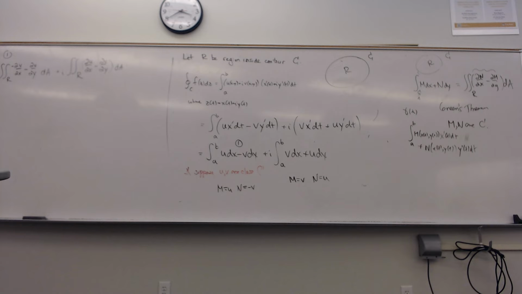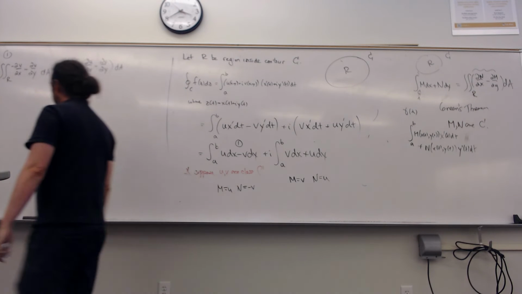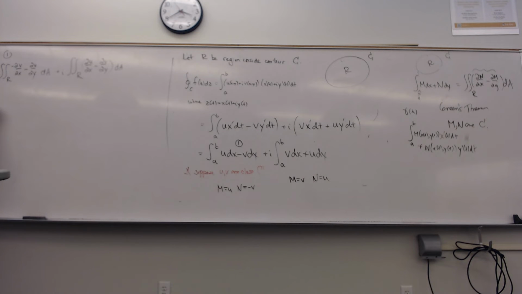Because at the very beginning of all of this, we assumed f was analytic. Remind me what the Cauchy-Riemann equations are? u_x is equal to v_y. Well, if u_x is equal to v_y, then that's 0.